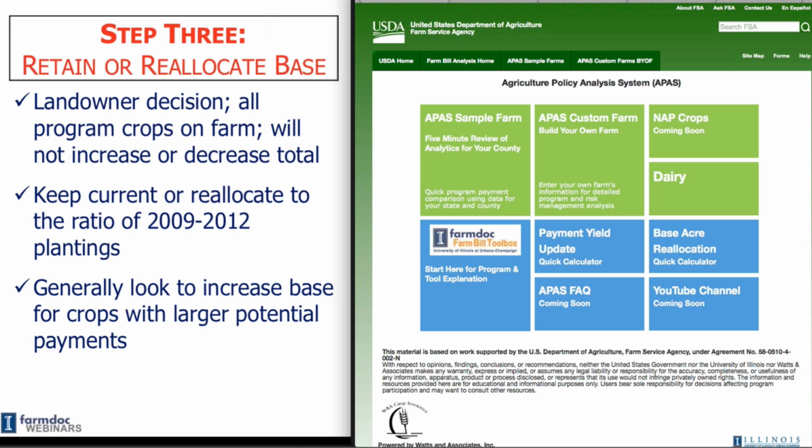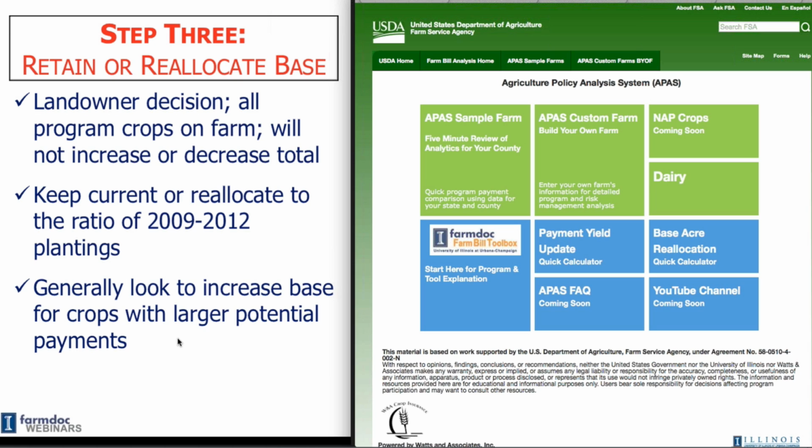An important thing here is that it will not increase or decrease total base acres. Base acres are going to stay the same whether or not you keep current base acres or reallocate. The only thing that you're going to do is change the acres in crops. And again, the yield history that's used for payment yield updates is 2008 to 2012.